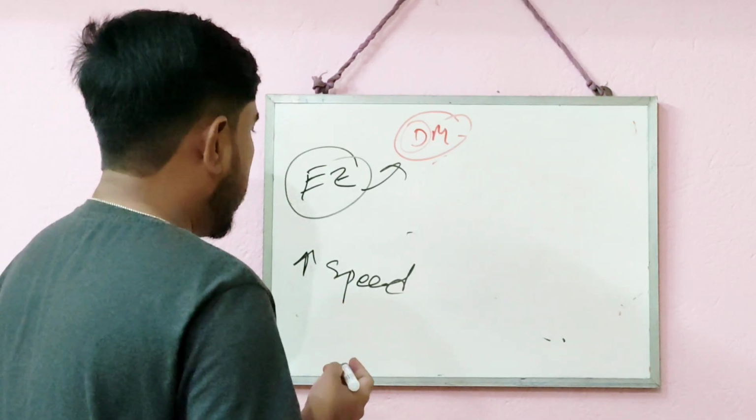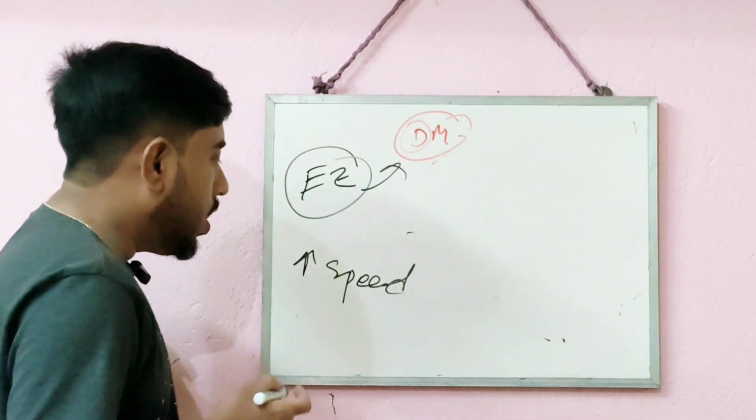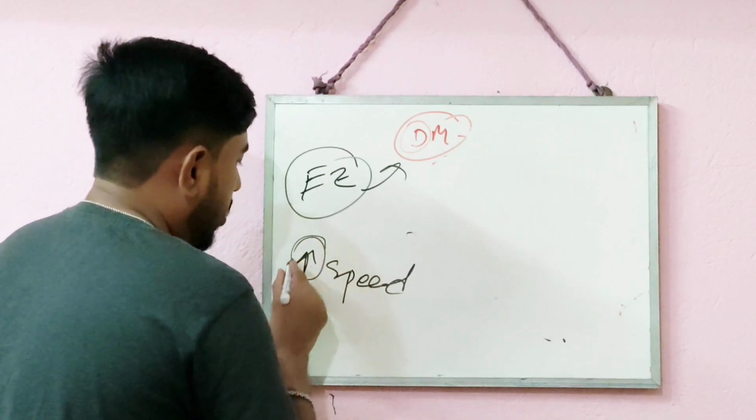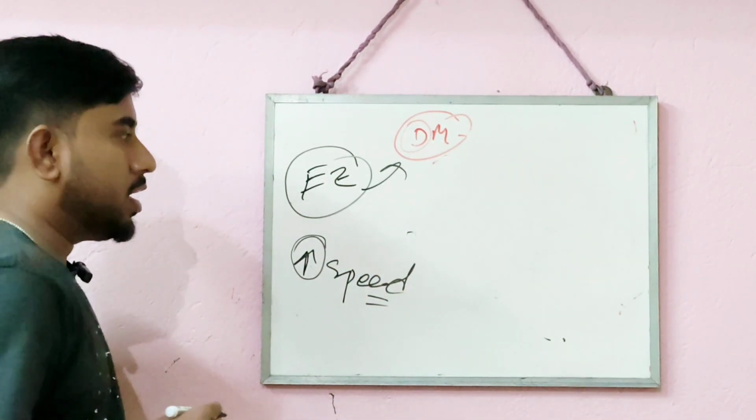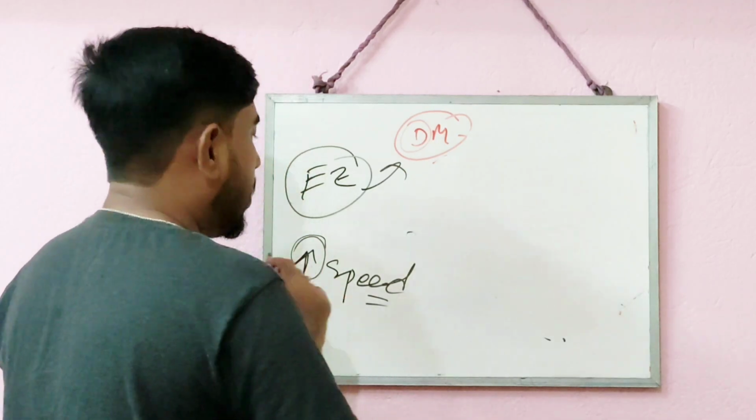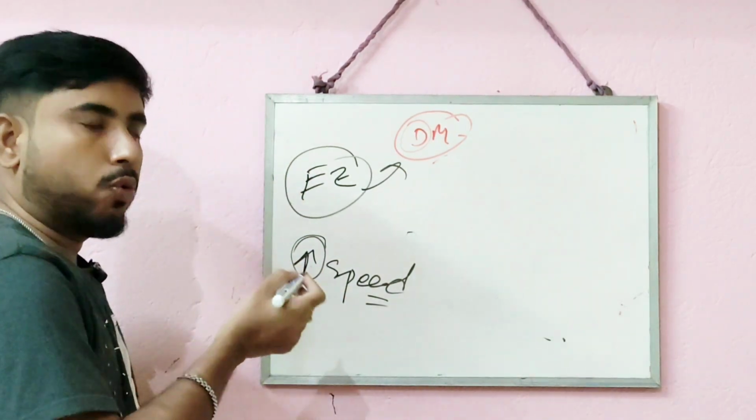Their only work is to boost the speed of the reaction. And we all know enzymes are generally protein in nature. Now we are going to see how the enzyme acts.